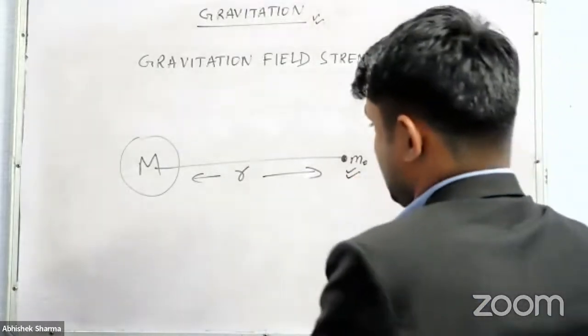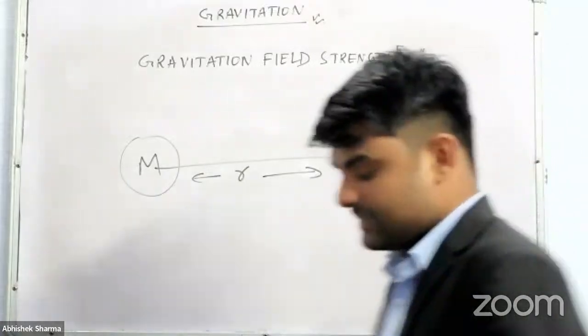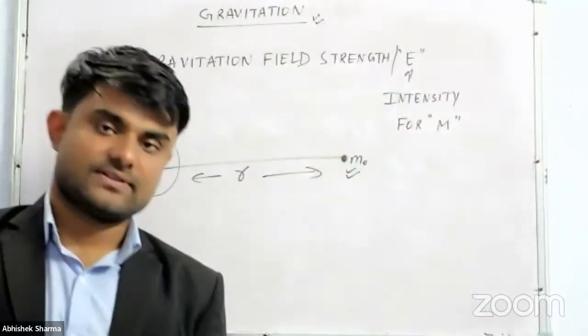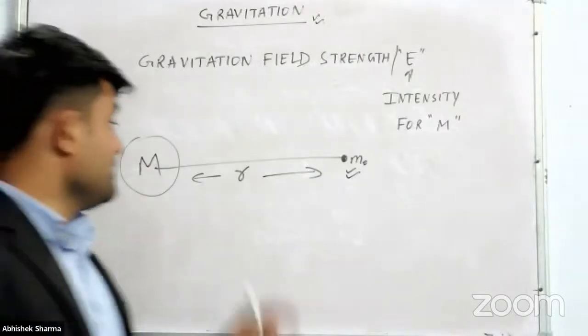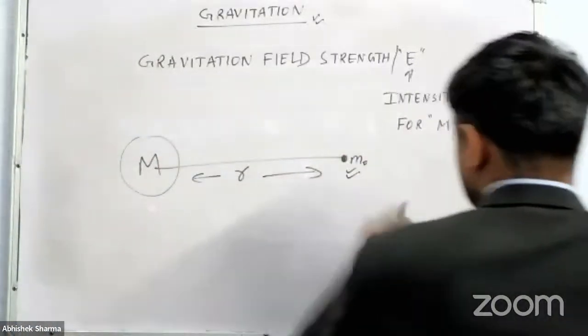Okay. So you have to find the expression for gravitational field strength. Let's find it out. We know this is a capital mass and this is a small mass m naught.